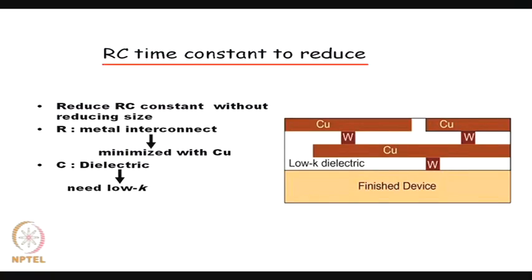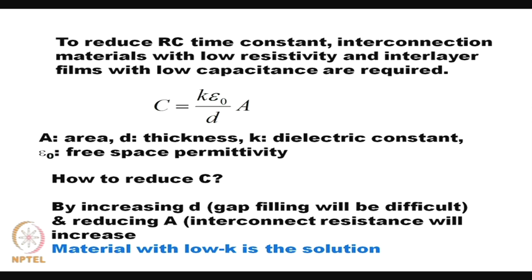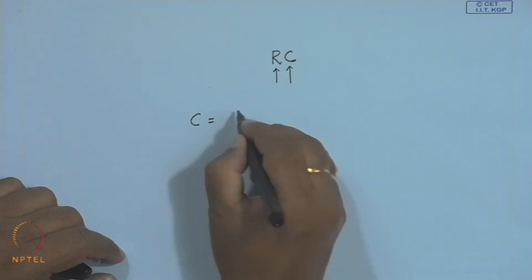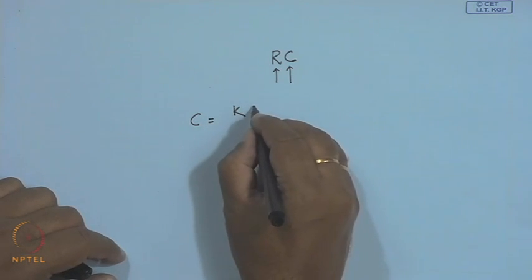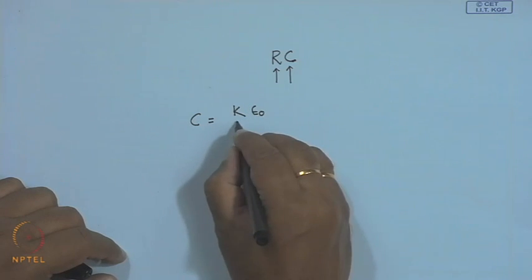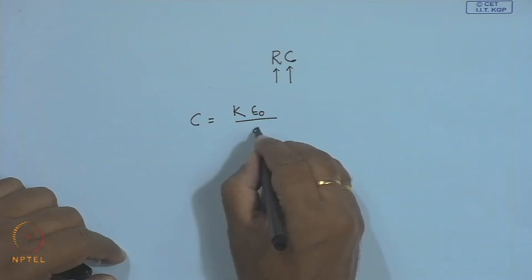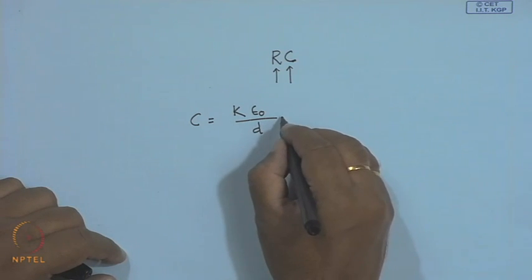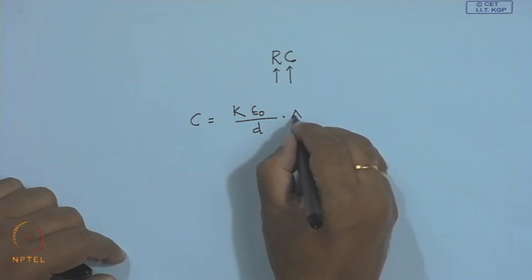Why? Because the capacitance C is given by the dielectric constant of the material multiplied by the free space permittivity, divided by the thickness and multiplied by the area.